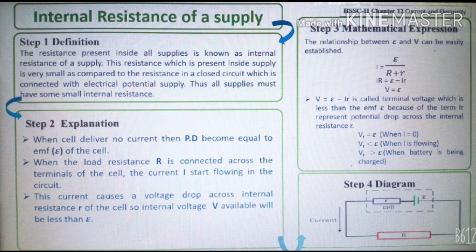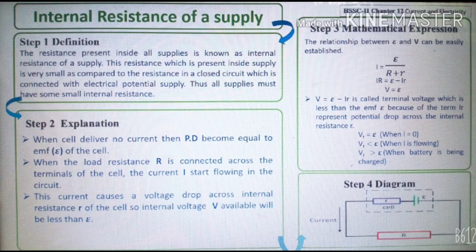Internal voltage is the voltage inside a potential difference device or a voltage source, present across the internal resistance of a battery. It is always less than the external voltage, and the external voltage is always equal to the EMF.